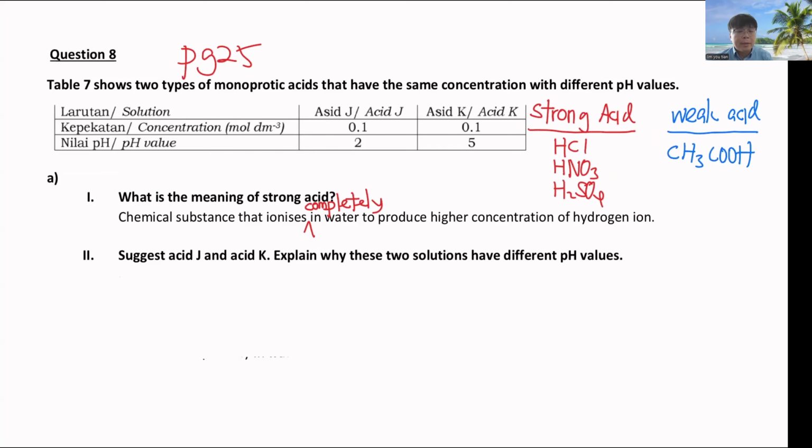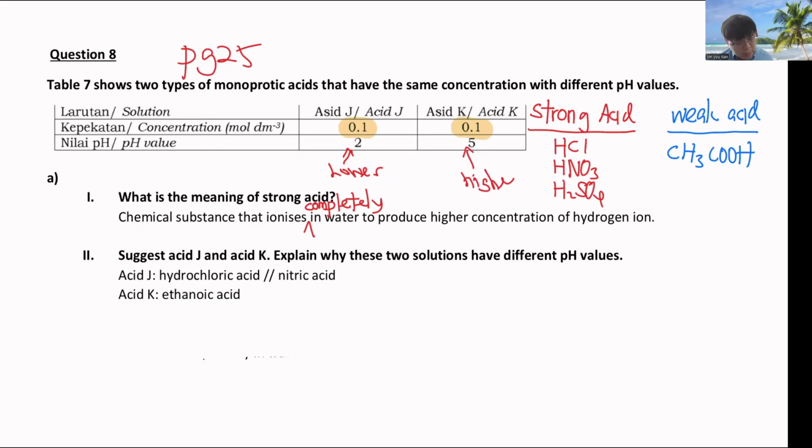In this case, this is a very simple question where they give you both the same concentration, but one is pH 2, which is lower, and one is pH 5, which is higher. So this is what you need to mention. For the pH 2, because pH is very low, it should be a strong acid. Then the pH 5 is a weak acid.